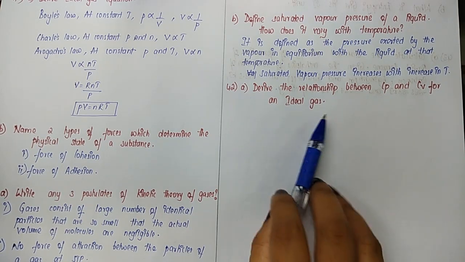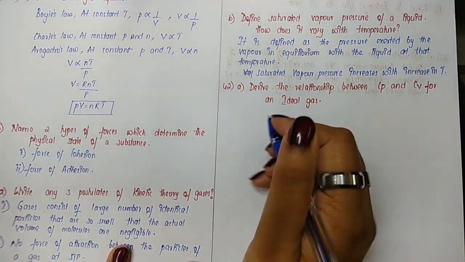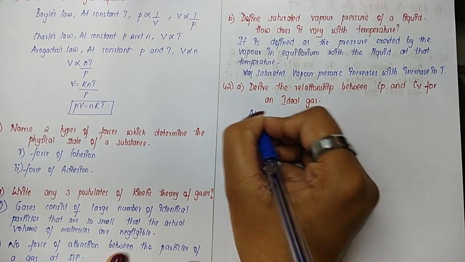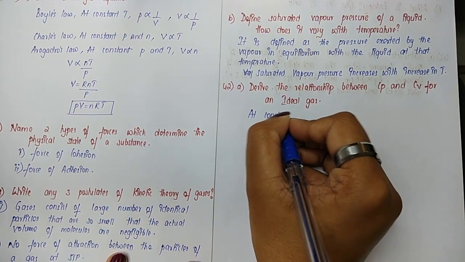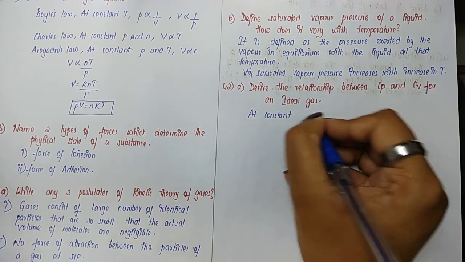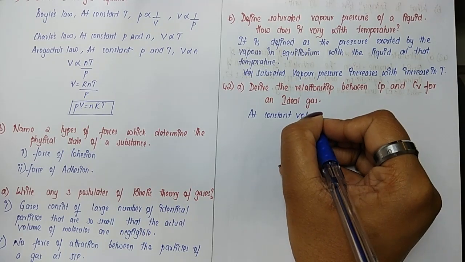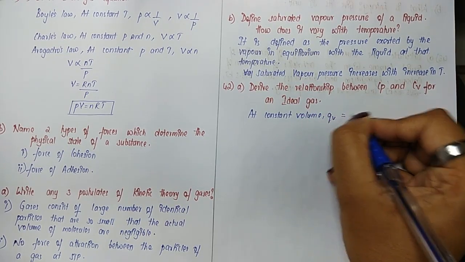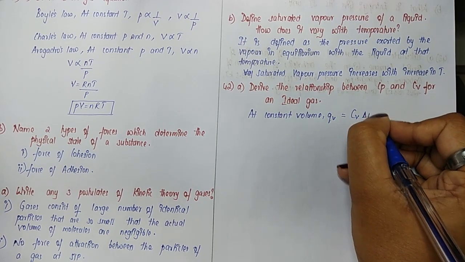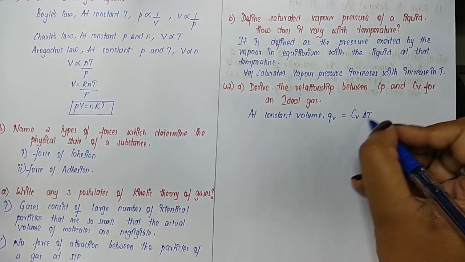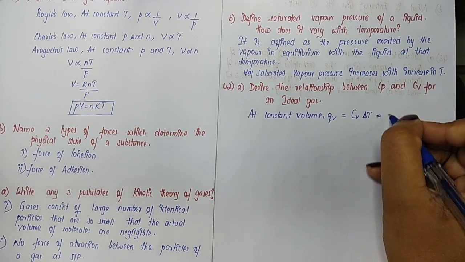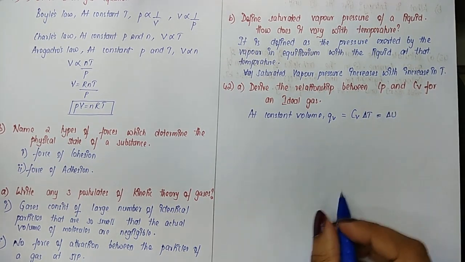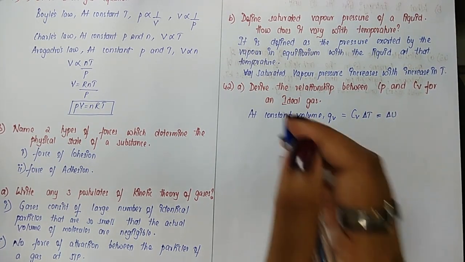So here for the derivation, we have to write at constant volume, QV is equal to heat capacity into delta T. This entire equation can be considered as delta U, which is change in internal energy.